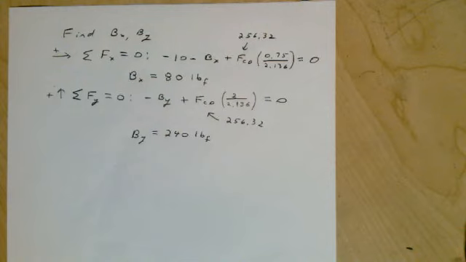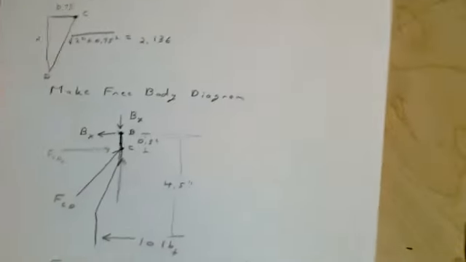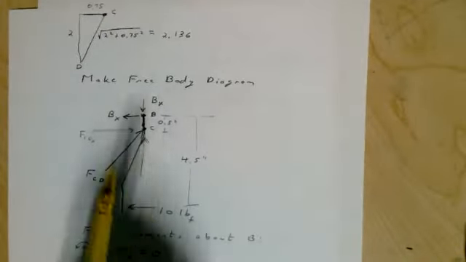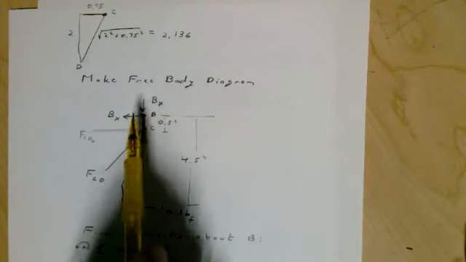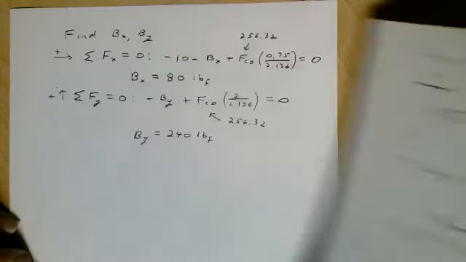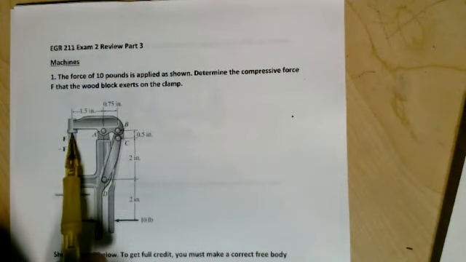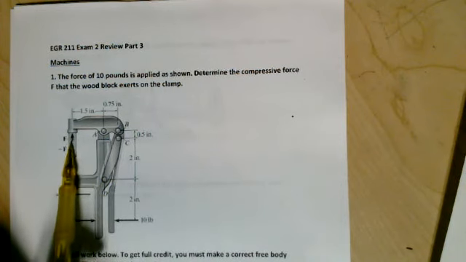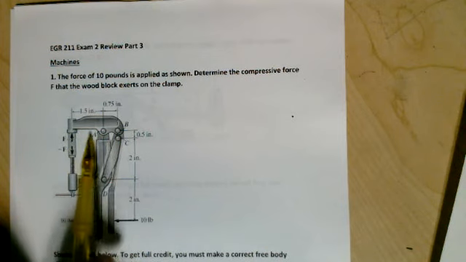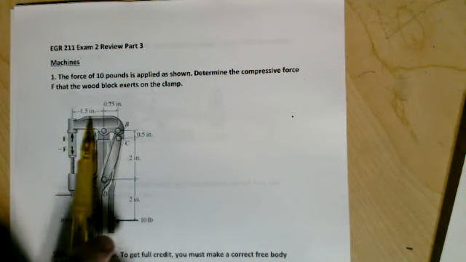So now once we have that, we've completely found all the forces on this, but we primarily needed BX and BY because we need those to do the next part. You can see the next part that we have to look at is this part right here. Because once we can find this part, notice that's where the unknown F that we need to find is right there. So let's go next to this part here, make a free body diagram of this part right here.